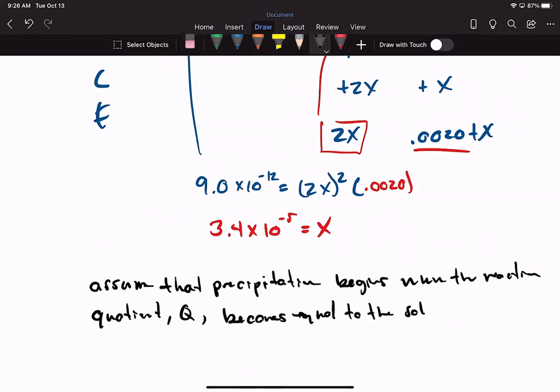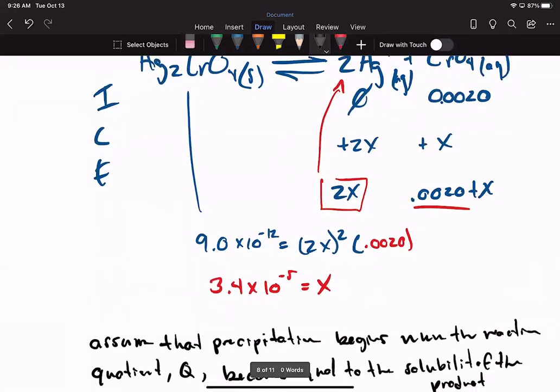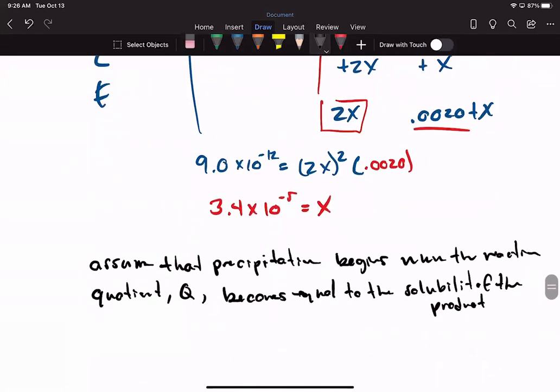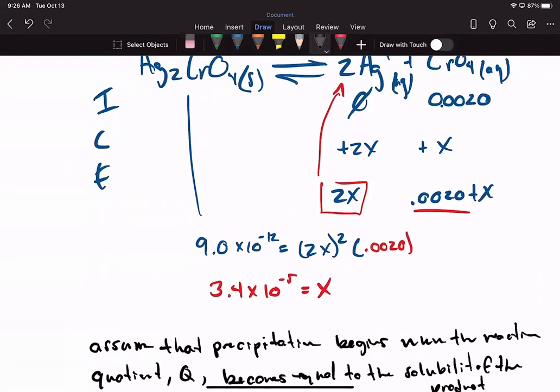the solubility product, right? When Q is equal to the KSP, that's when we're going to assume precipitation begins.